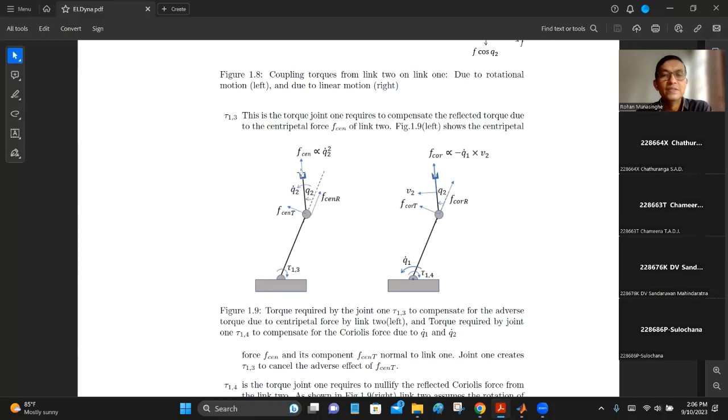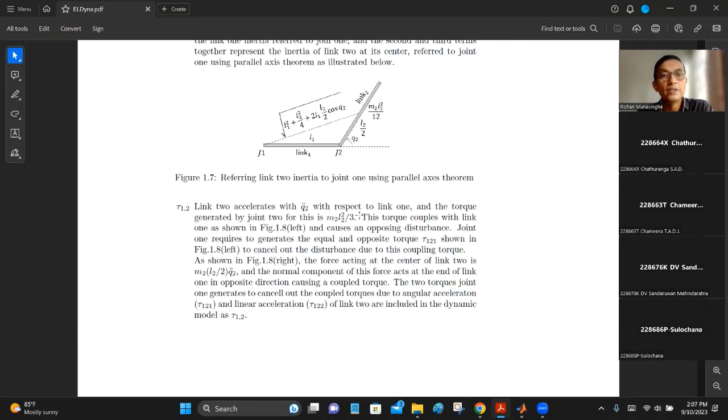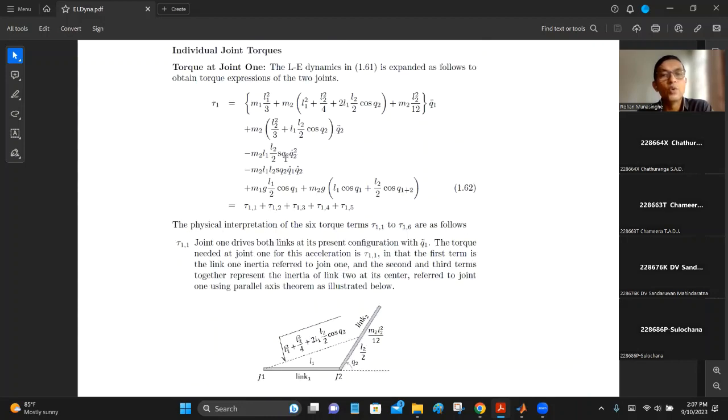And as you know from circular motion theory, this force is proportional to the angular velocity squared of the rotating body, that is Q2 dot squared. You can see it over here, tau 1, 3, that is this one, right? The Q2 dot squared term.